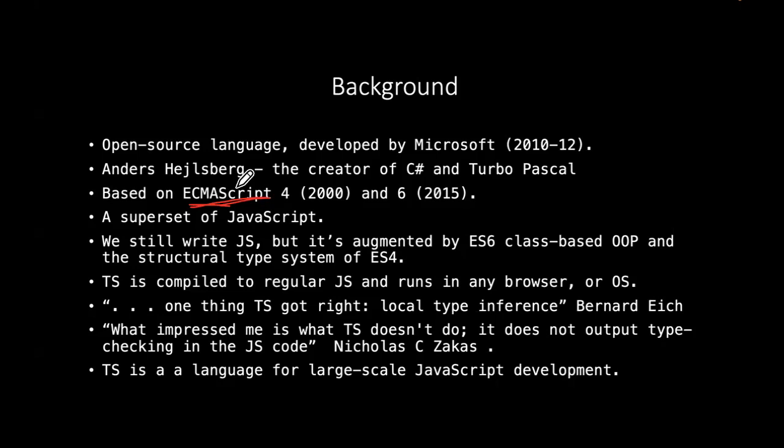So there have been various upgrades to the ECMAScript specification, which is why there have been various upgrades to the JavaScript language over the years. And specifically, the person that designed the TypeScript language used version 6 of the ECMAScript specification.